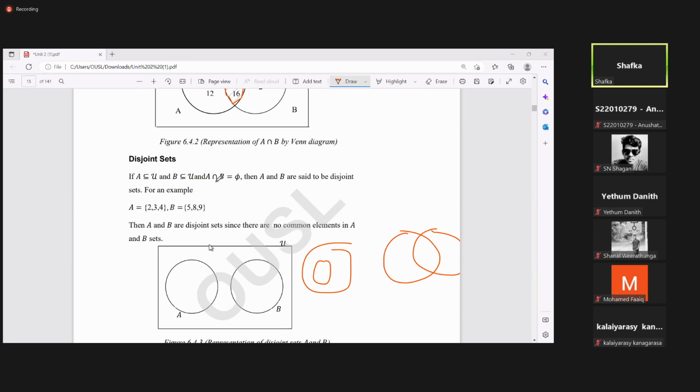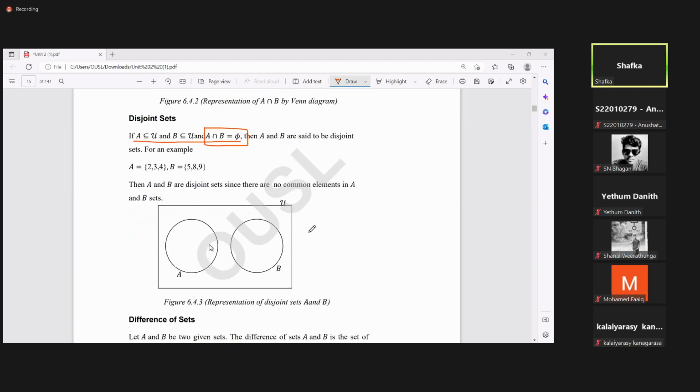You can see in the definition also, intersection is empty. If not, you can draw it like this or like this. So, if the word disjoint doesn't appear in a question, but we mention that A intersection B is empty, you have to identify that that's a disjoint set. Okay, so if you see the figure only, you can also identify whether it's a disjoint set or not.